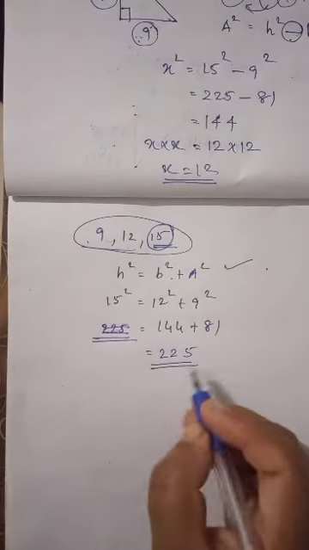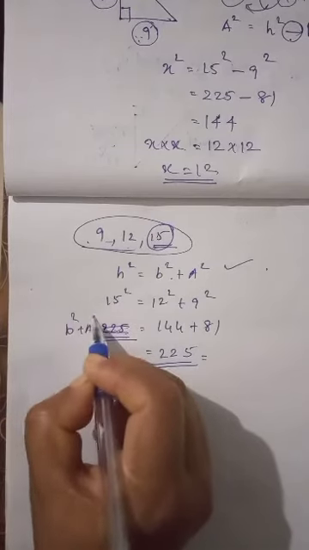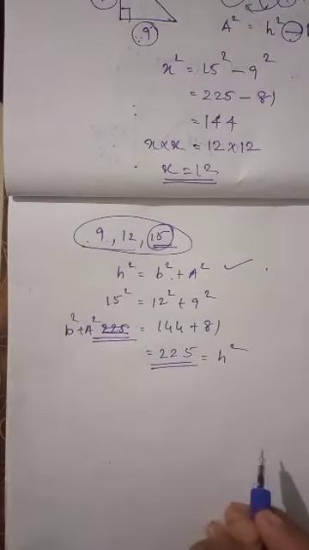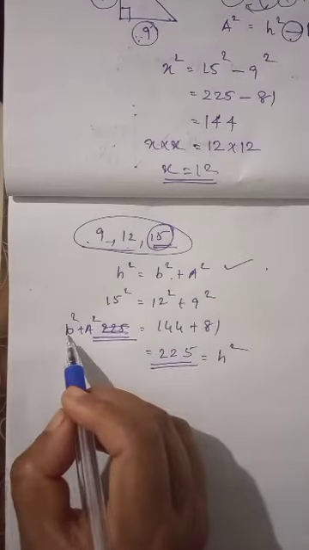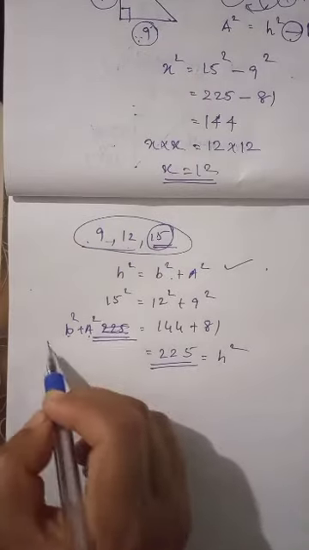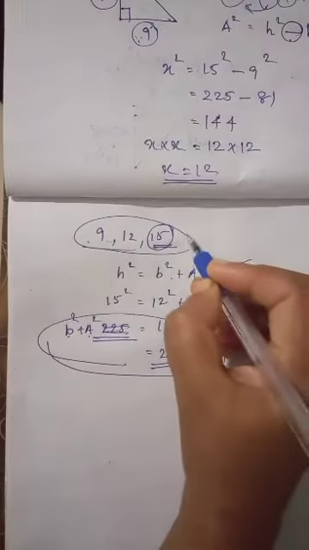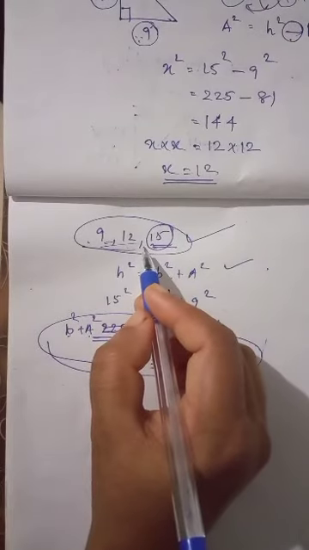So we can write base square plus altitude square is equal to hypotenuse square. Okay, this way it is happening. That's why we can say that this is the measure of a right angle triangle.